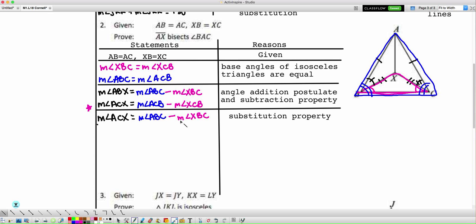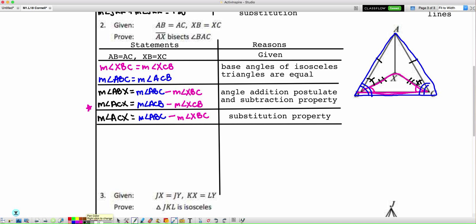And now we notice, wait a minute, this equation equals ABC and XBC, and this equation equals ABC and XBC. So I have two equations here, this one and this one, that actually equal the same thing.